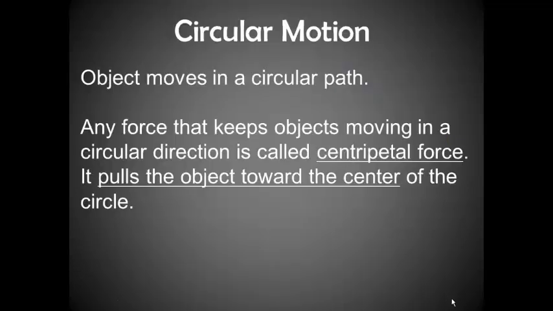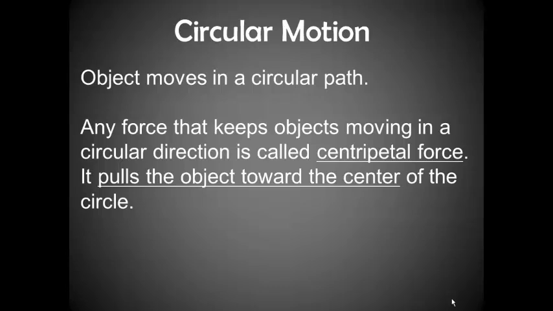Circular motion is when an object moves in a circular path, and there's a particular force that keeps objects moving in the circular direction, and it is called centripetal force. Not centrifugal, centripetal. And there is a difference between the two. Centripetal force pulls the object toward the center of the circle.